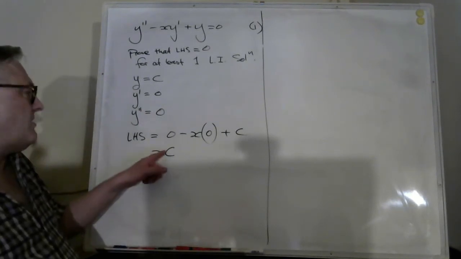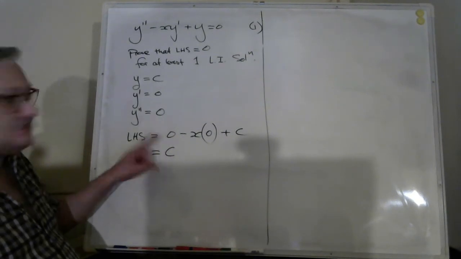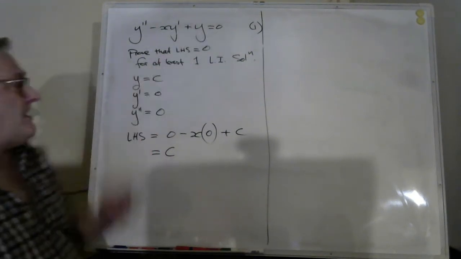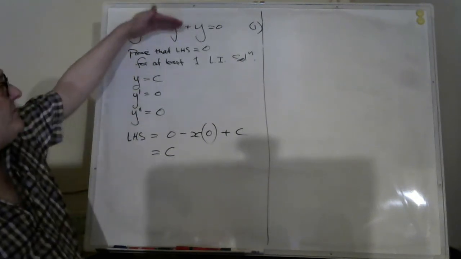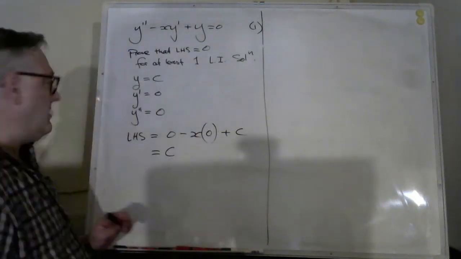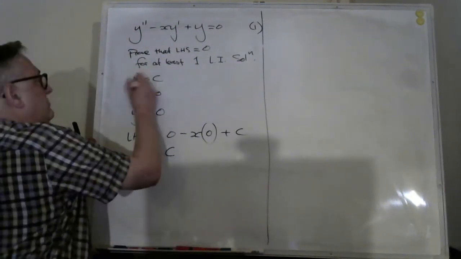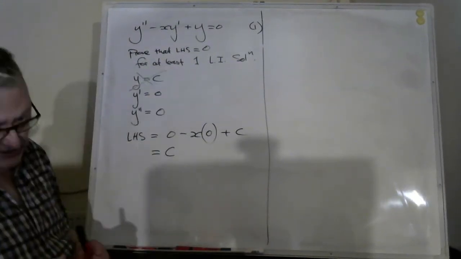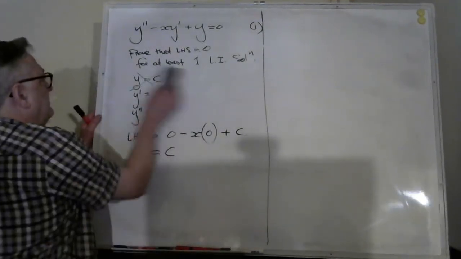C might be 0, but in this case, it's just the constant letter C, which is not 0. We want something which cancels out nicely on the left-hand side to give 0 on the right. So y equals C is not a solution. So let's try something else.